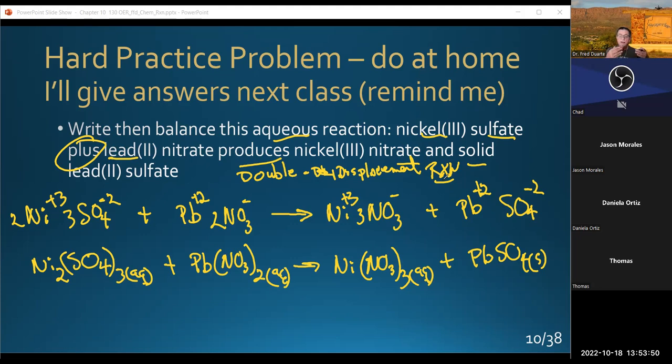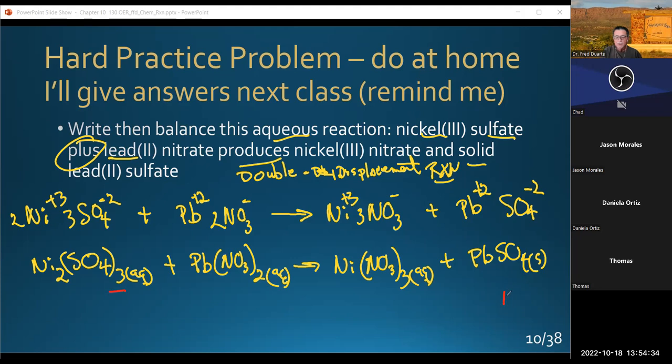We got to balance it. Now, as a general guideline in balancing double displacement reactions, my suggestion is this: follow the polyatomic ions. Balance those first, and everything just falls in place. For example, I have 3 sulfates on the left-hand side, and I only got 1 on the right-hand side.